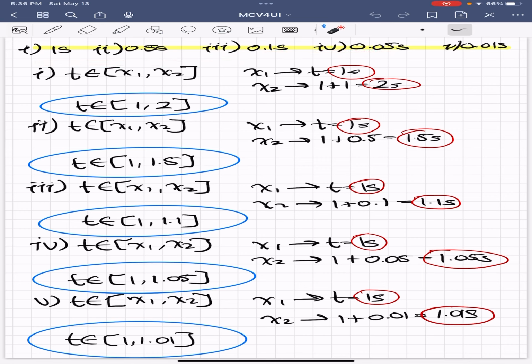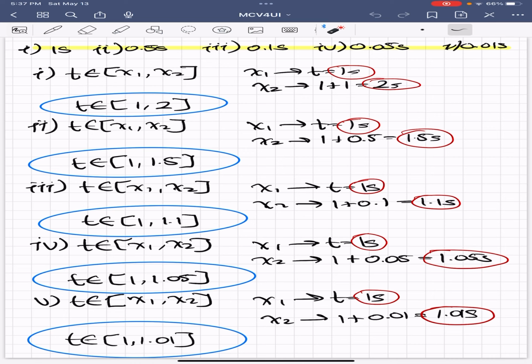So x1 is t equals 1 second, and then you add 1 second and you get 2 seconds. That's our x2. Take a moment to look through these equations and see if you can see what's happening here.